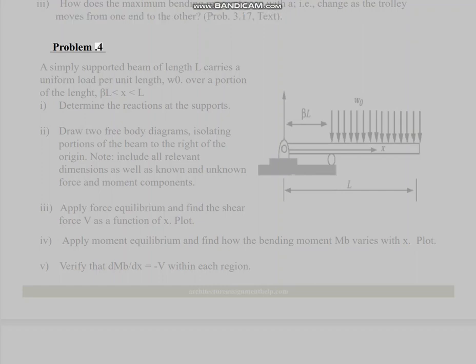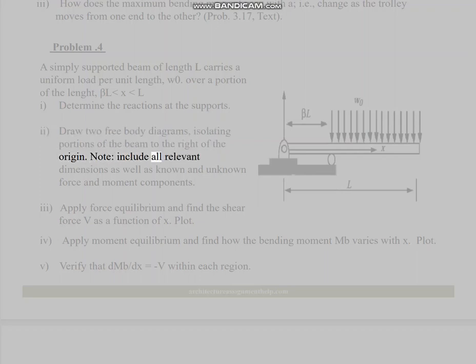Problem point 4. A simply supported beam of length L carries a uniform load per unit length, w0, over a portion of the length, βL < x < L. 1. Determine the reactions at the supports. 2. Draw two free body diagrams, isolating portions of the beam to the right of the origin.